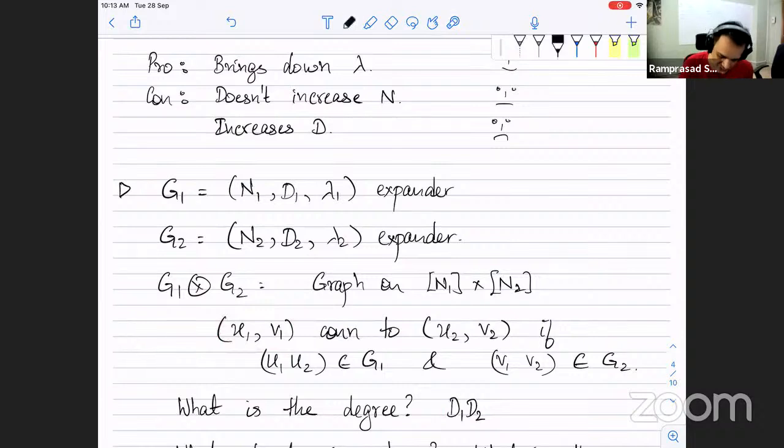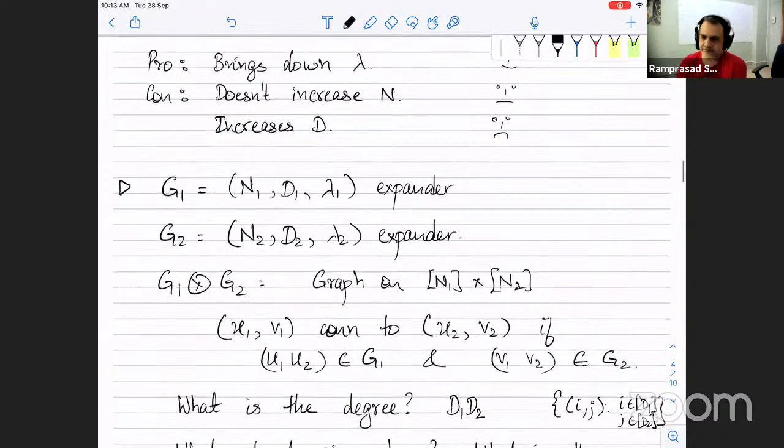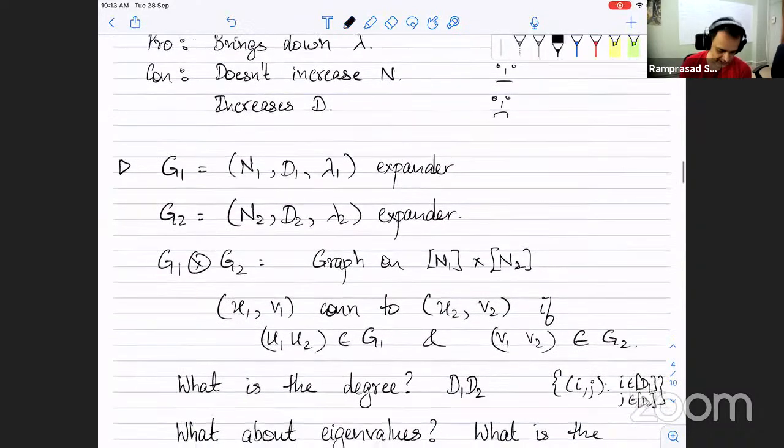I would like to think of the edge labels as being i comma j, where i belongs to D1 and j belongs to D2. I hope that is clear.